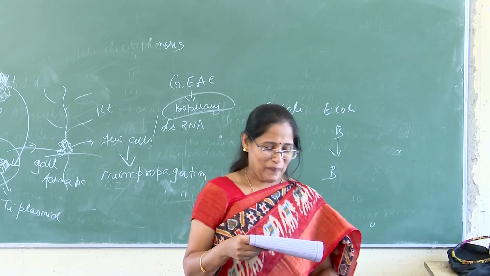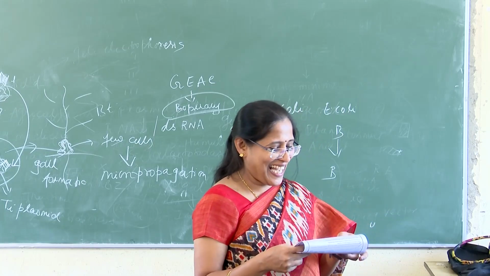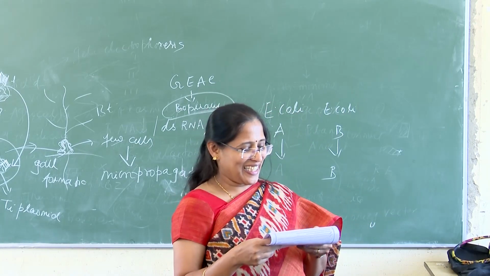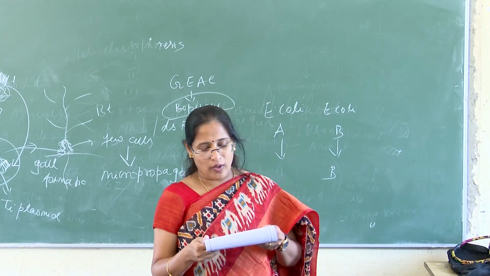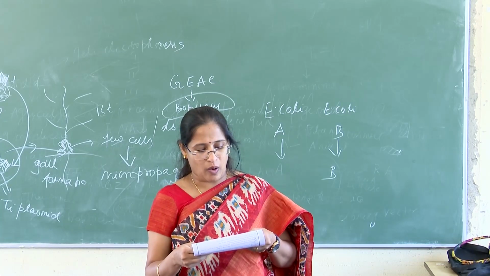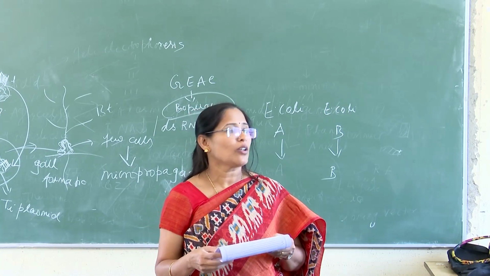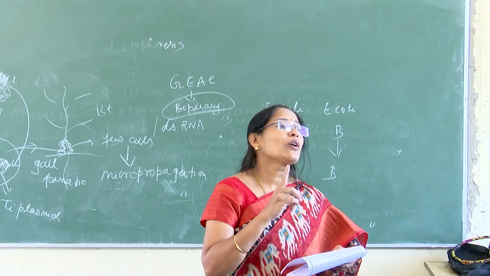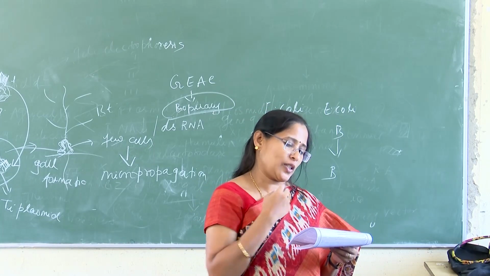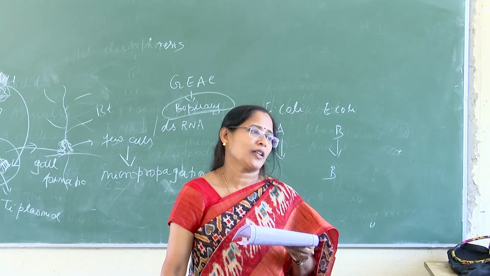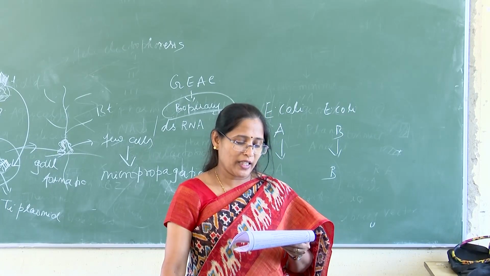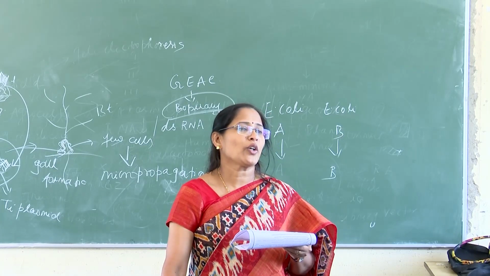Okay, next. Now option B. It takes place in some eukaryotic and all prokaryotic organisms as a method of cellular defense. No, only in eukaryotes or prokaryotes. You will find this. Okay, in eukaryotes.